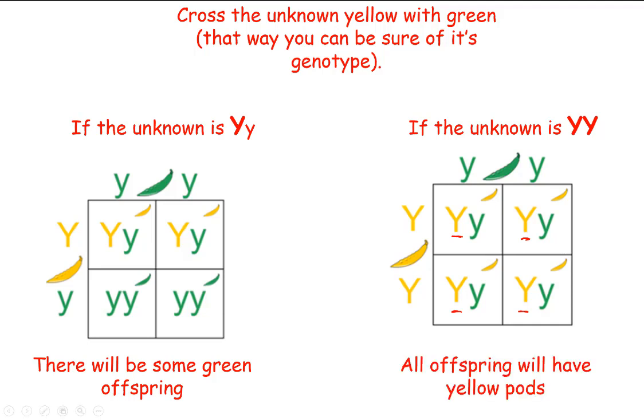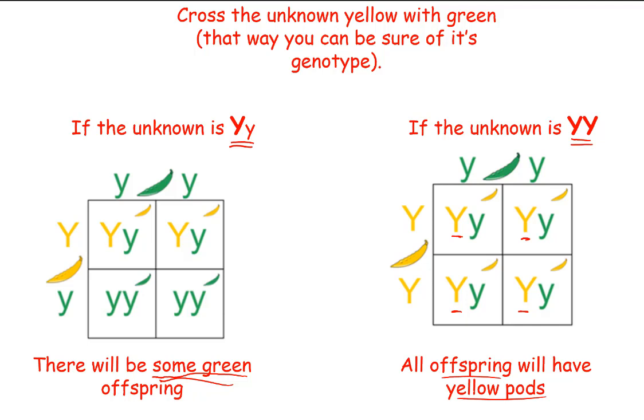So that means there will be some offspring with yellow pods. So the difference here is that if the unknown was big Y, little y, there will be some green offspring. Approximately 50% of the offspring will be green. But if the unknown is big Y, big Y, all the offspring will have yellow pods.